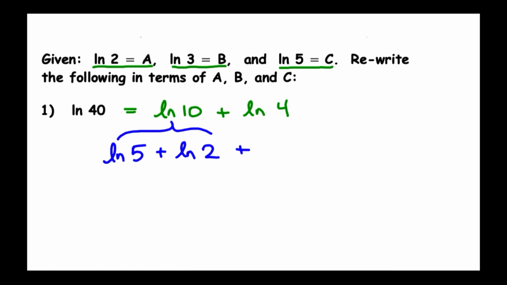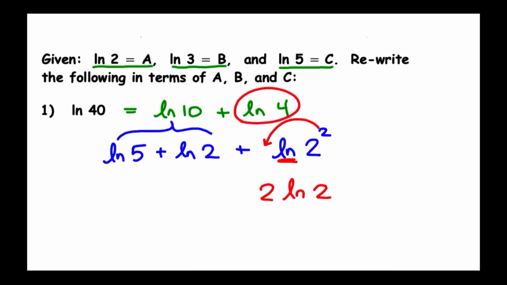Or if I want, just for some variety, I'll call it the natural log of 2 squared. And just like my cat Fuzzy, since we do have a natural log, this 2 is allowed to come down safely to ground level. That part will be 2 ln 2, which would have been the same thing if we just had chopped up natural log of 4 into natural log of 2 plus natural log of 2. That would have also given us 2 ln 2.